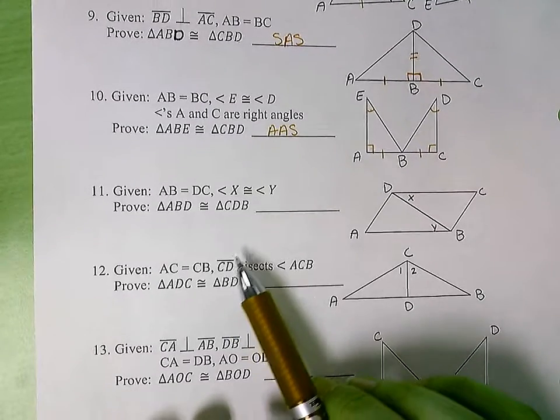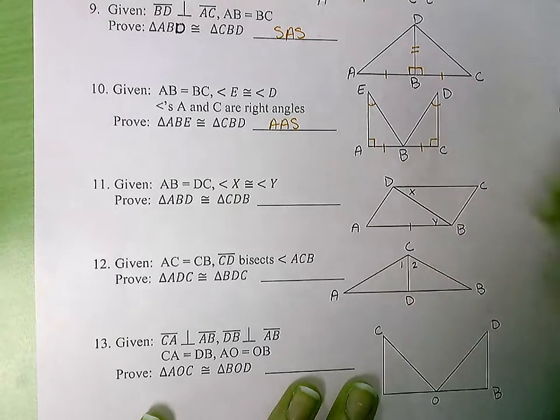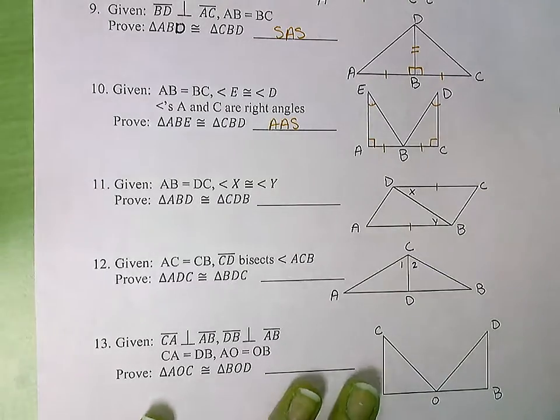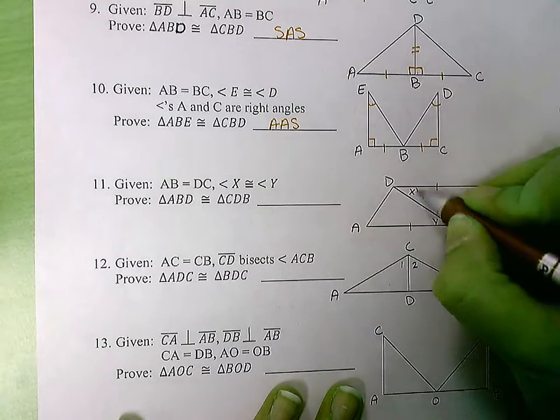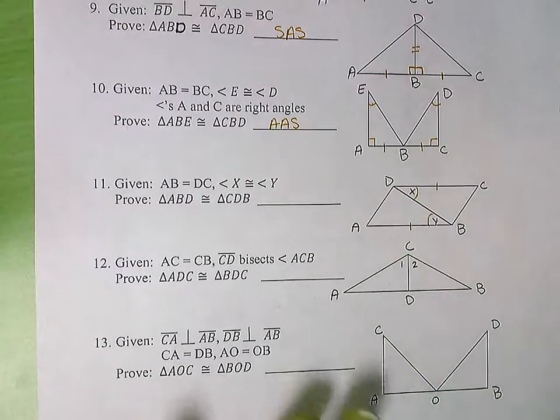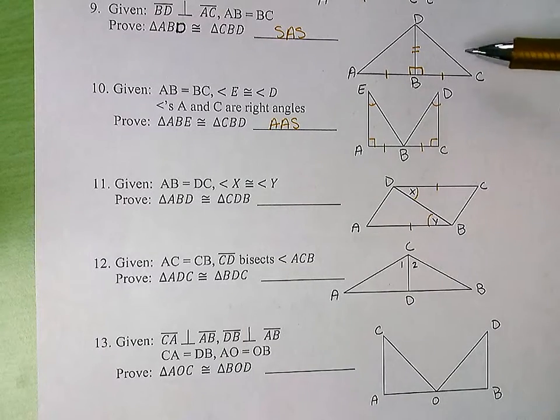For number 11, I have AB equal to DC. I have angle X congruent to angle Y. Now number 11 is similar to number 9.